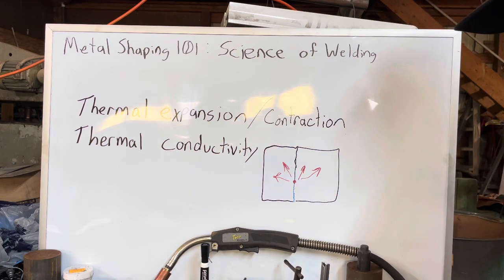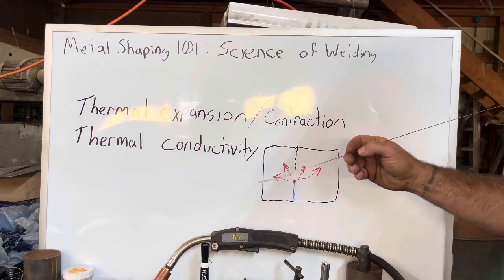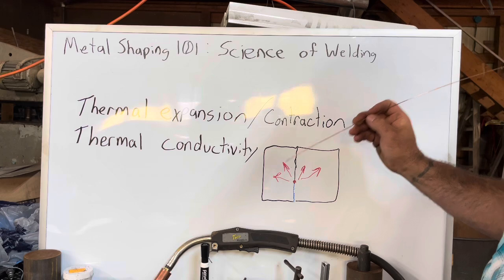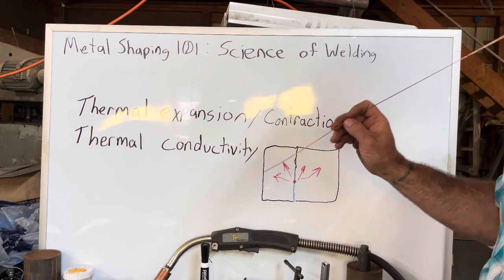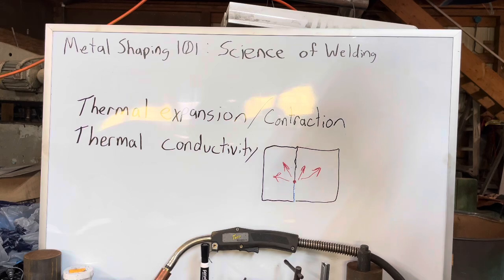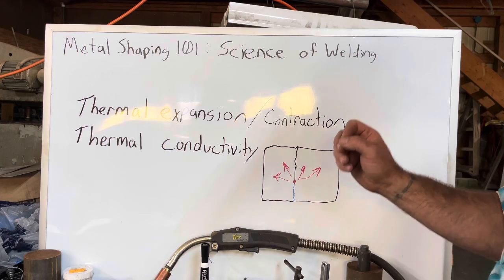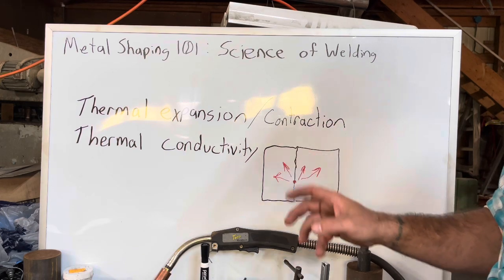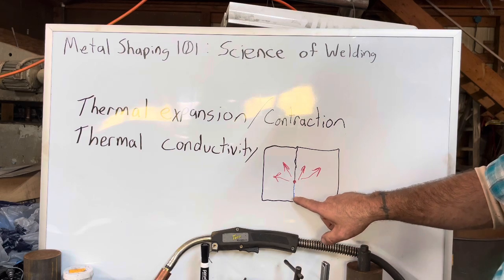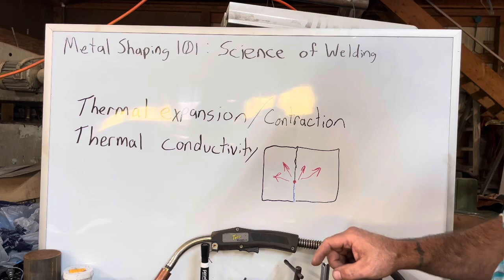Another thing that steals heat from your puddle is your filler. Your filler wire is at one temperature. It's not liquid. And when you dab it into that puddle, it's stealing a little bit of heat in that puddle. And that's where heat control and understanding your melting point and understanding this thermal conductivity, you can better make judgments on how to input heat into the material so that you get a good weld bond without having too much of a heat affected zone.